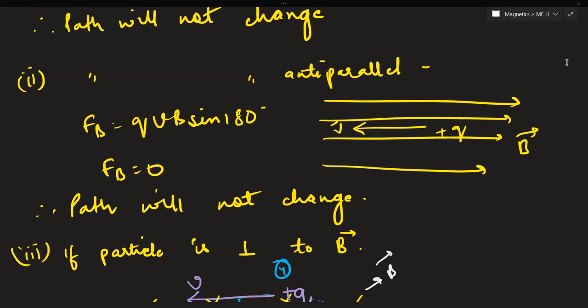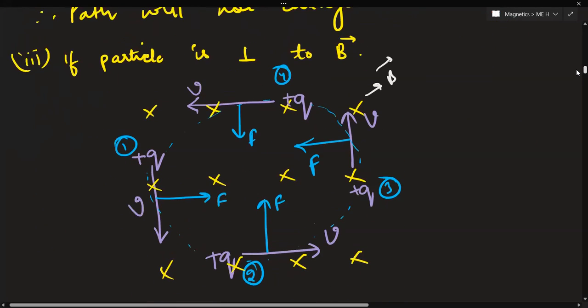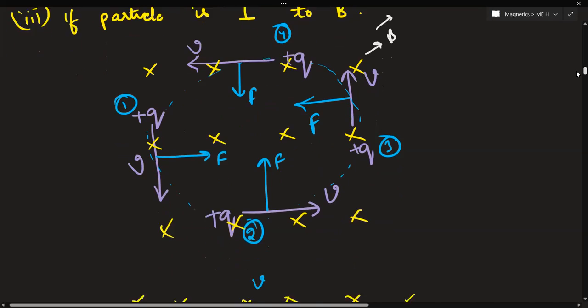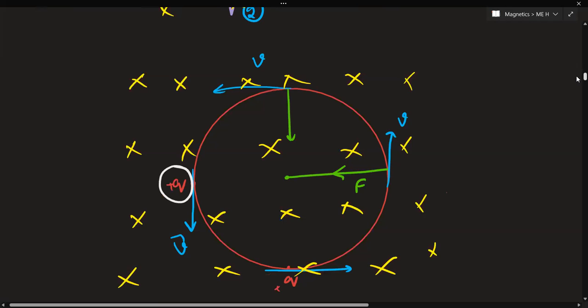Done. All right. If the particle is perpendicular, this is the direction of the force that we were concluding using our right hand thumb rule. So basically the motion of the particle is circular.